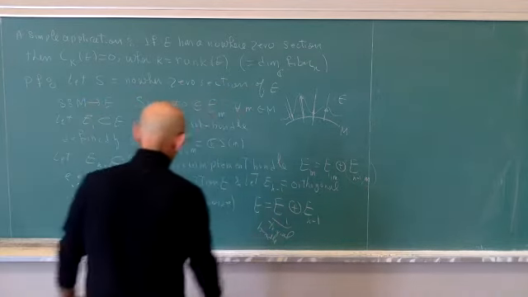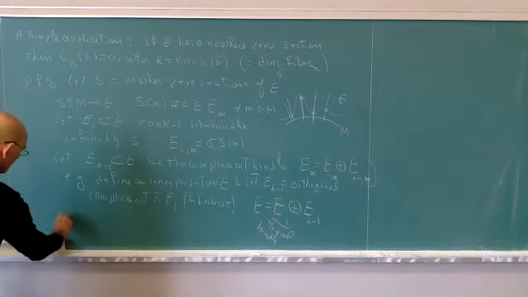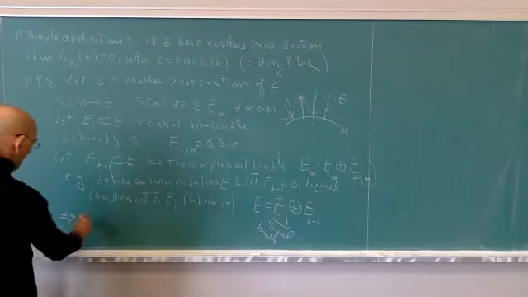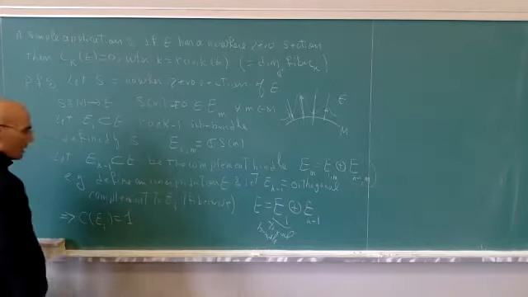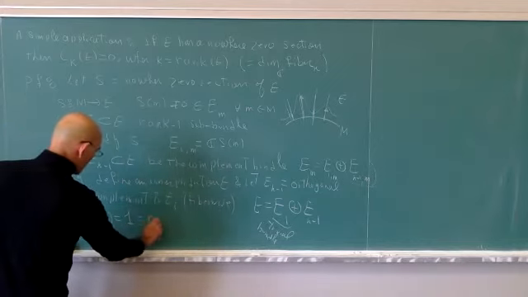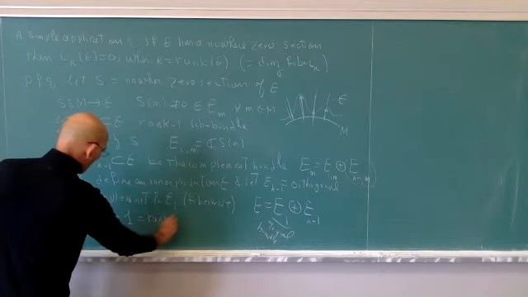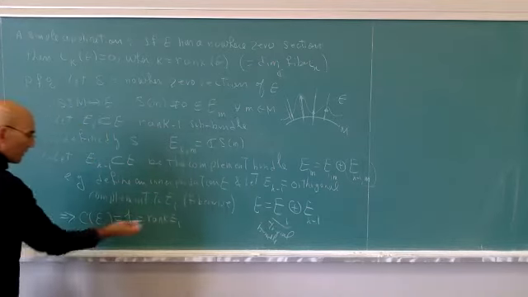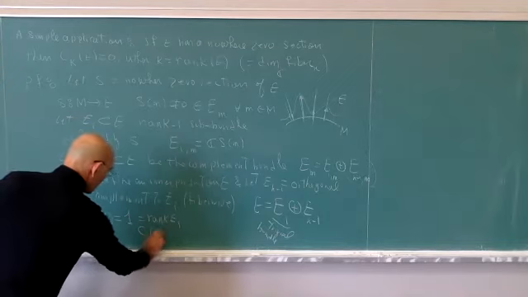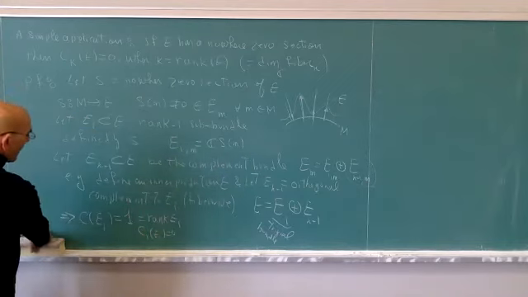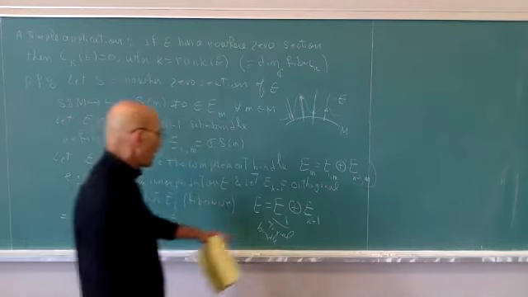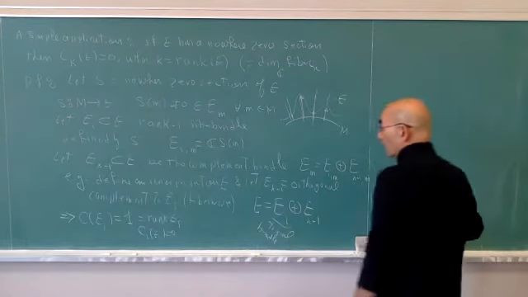So the total Chern class of this one is just 1. I mean, C1 of E1 is 0 because it is a trivial bundle. So we can just apply the Whitney sum formula, the Whitney product formula.